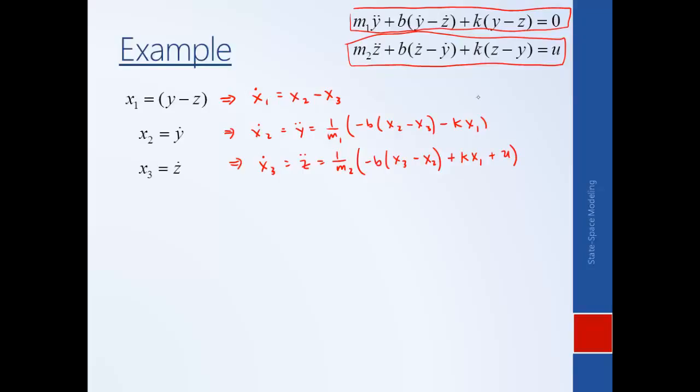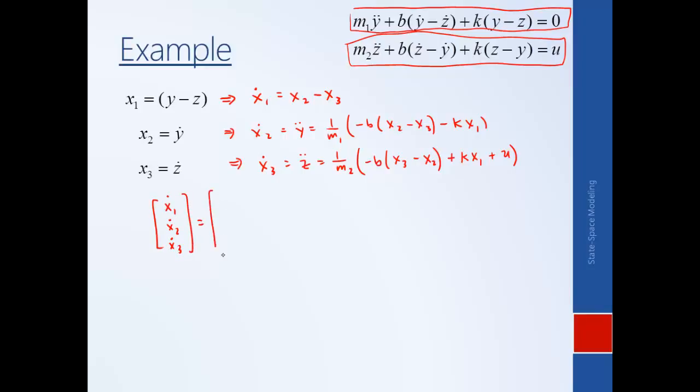So here I've rewritten these two governing equations, second-order differential equations, as a series of 3 first-order differential equations. Since they're linear equations, I can put them into matrix form. So I'll define my vector of the derivatives of the state variables.